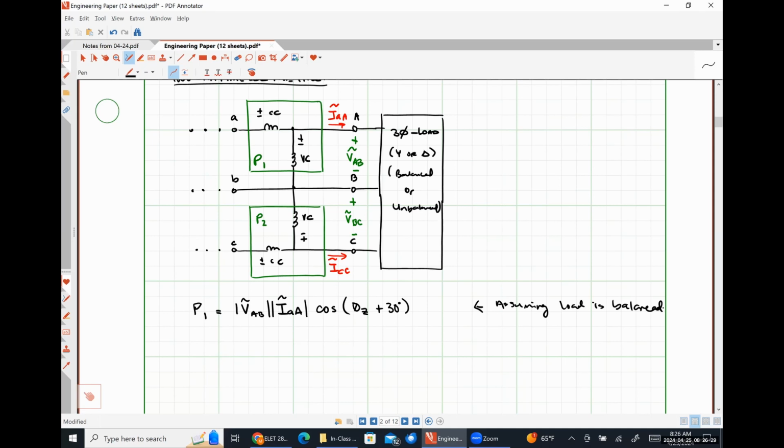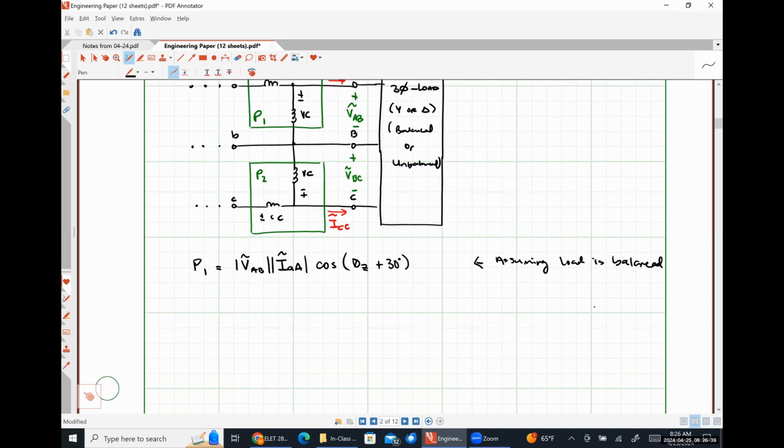And so that's why I'm adding that 30 degrees to the angle of the impedance, which, to be clear here, we probably don't actually know. Doing something similar, the average power that watt meter 2 is giving us is just the magnitude of this voltage VBC times the magnitude of that current ICC times cosine of theta z minus 30 degrees.